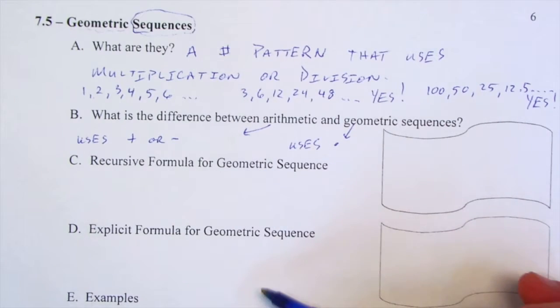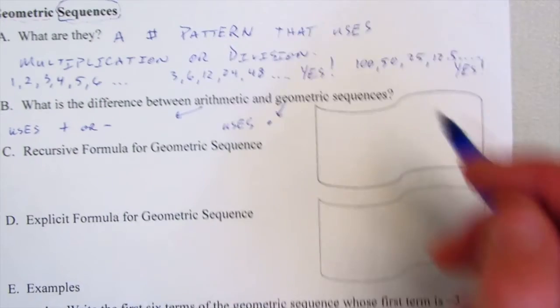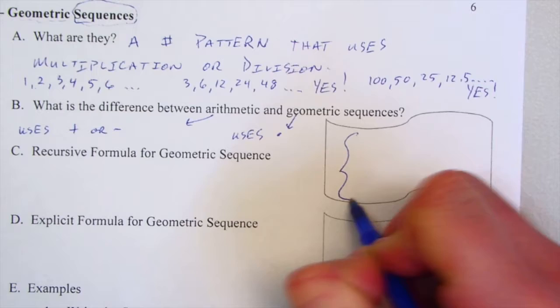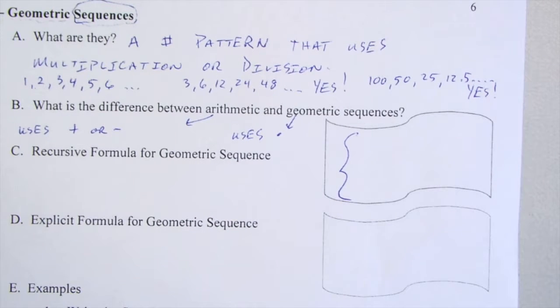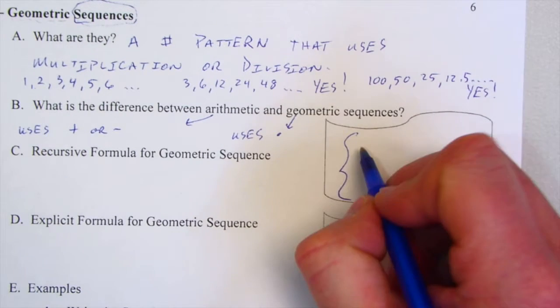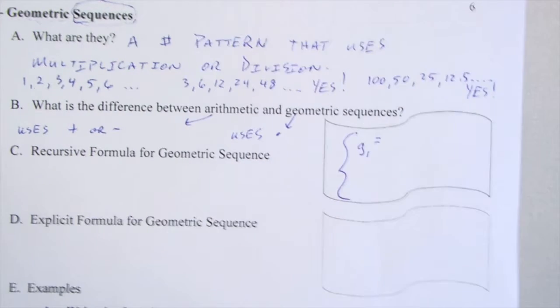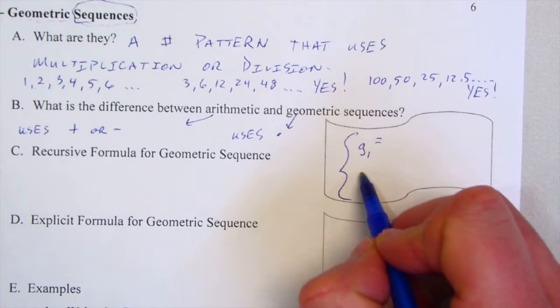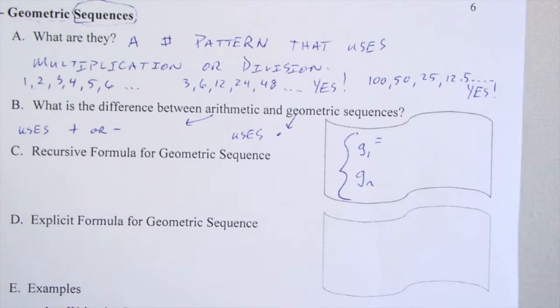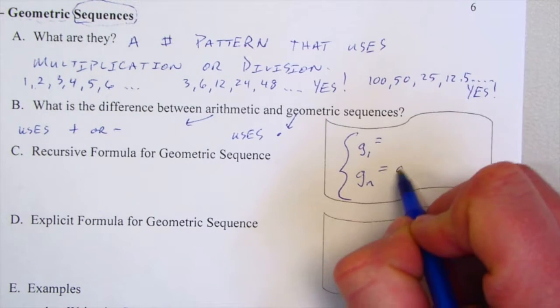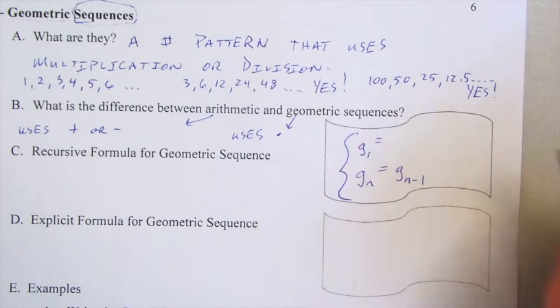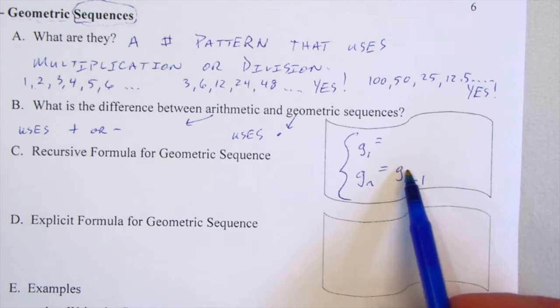The two ways that we can have formulas, the first way is recursively. So that means we have the swoosh bracket, if you remember. The first line gives the first term, which would be g sub 1. And then you would tell what that term is. And then here's how the next one goes. If you want to find more terms, that's going to be g sub n is equal to g sub n minus 1. If you remember, this symbol means the term before.